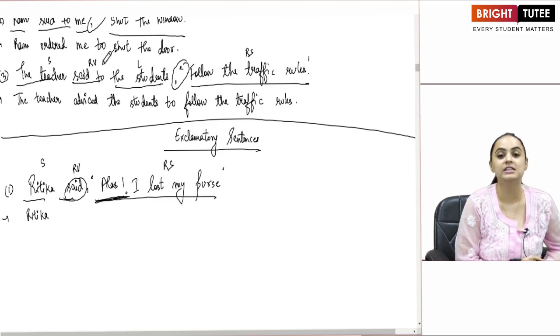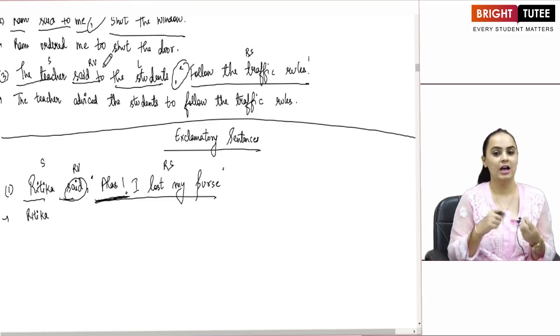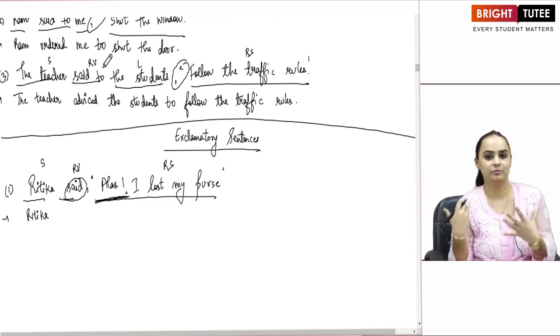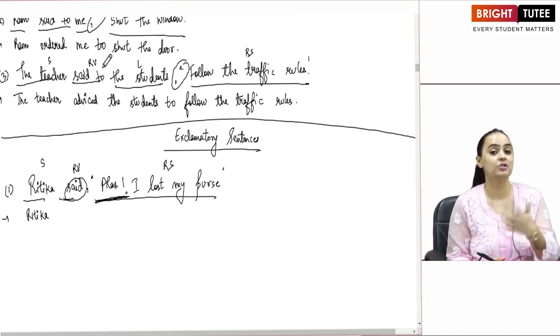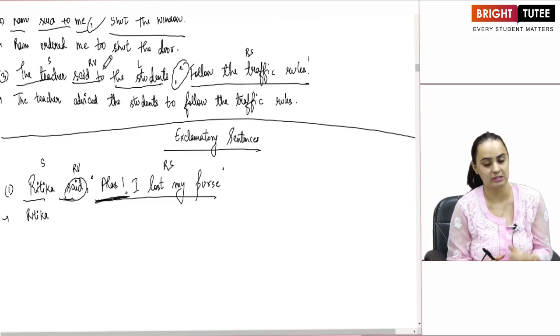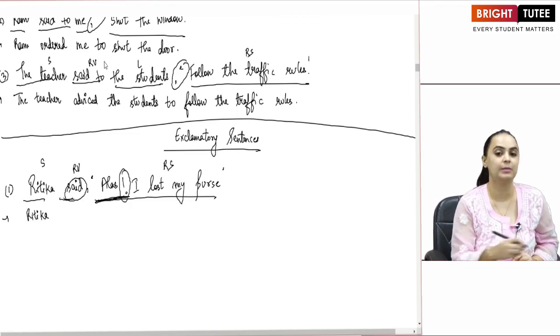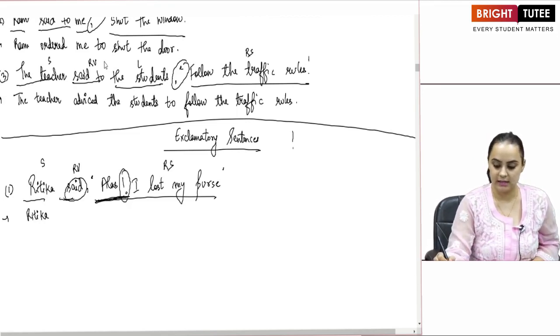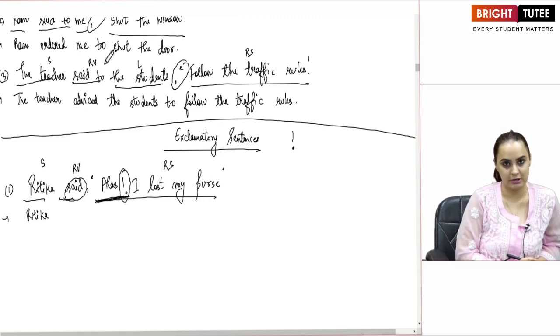What is an interjection? Words like alas, hurrah, hooray, wow, amazing, such words which express your emotion behind the sentence, they are known as interjections. And these words are always followed by an exclamatory mark. This is how we identify an exclamatory sentence.